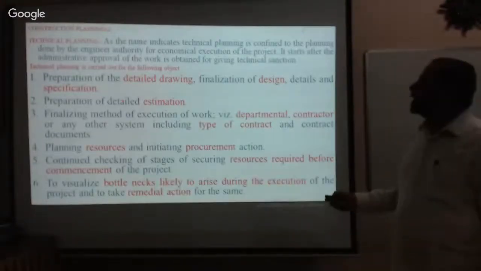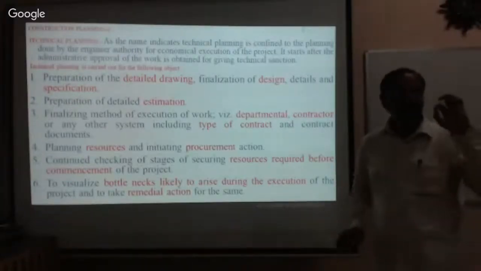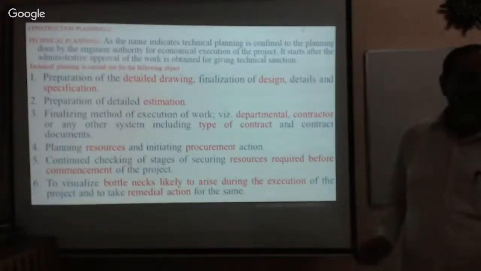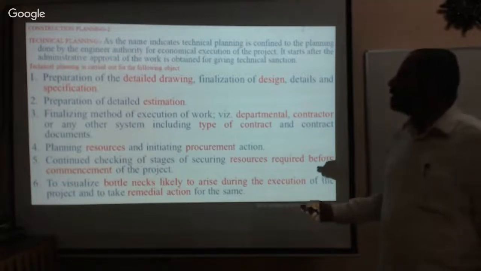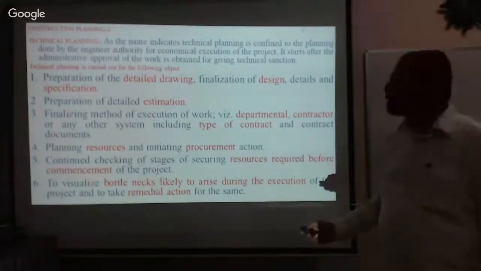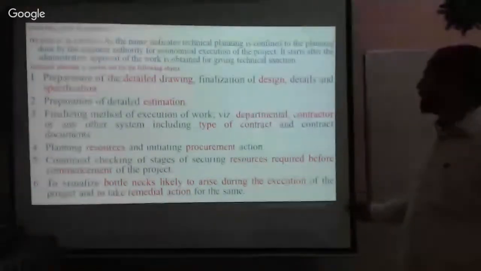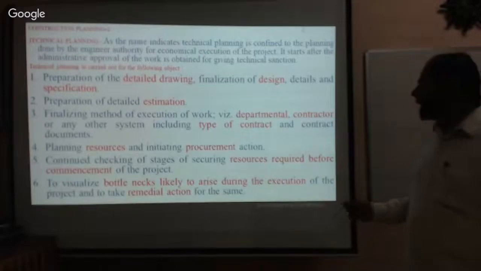Okay, then technical planning. Before going to the site, you must have these things: detailed drawing, design details, specification, preparation of detailed estimation, and departmental or contractor type of contract.